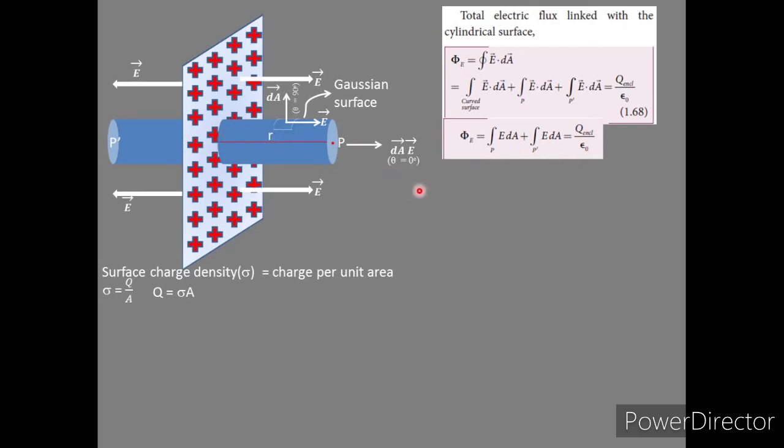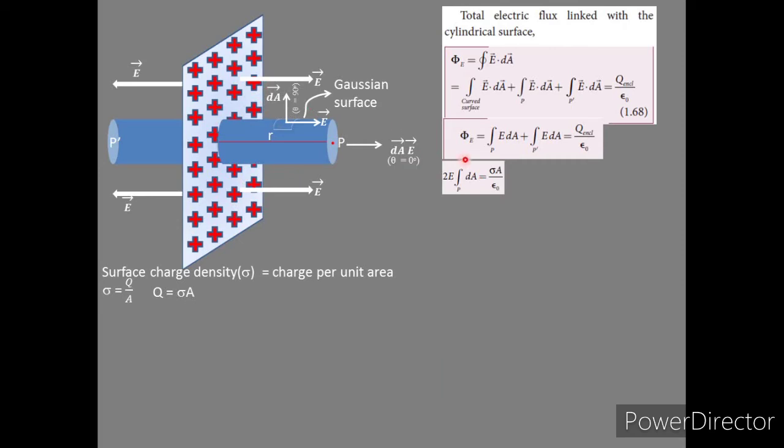And now in this integration, if we consider the symmetrical points P and P dash, the field strength will be constant. Therefore E can be taken out of the integration. So 2E integral dA.